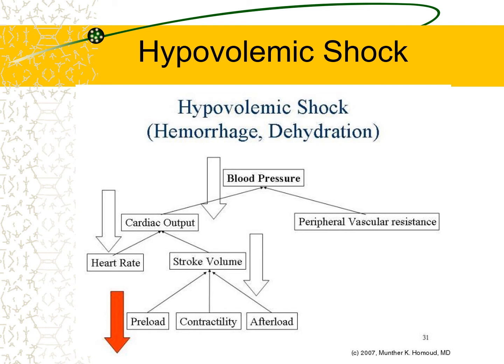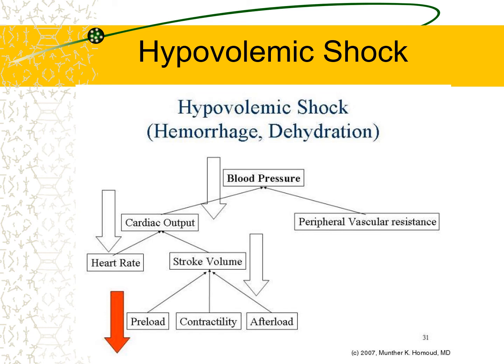So if you follow the arrows on this slide, from a decreased blood pressure, which is shock, right, a decreased blood pressure means that there is decreased cardiac output. And the reason for the decreased cardiac output is because of the decrease in stroke volume as we follow the arrows down.